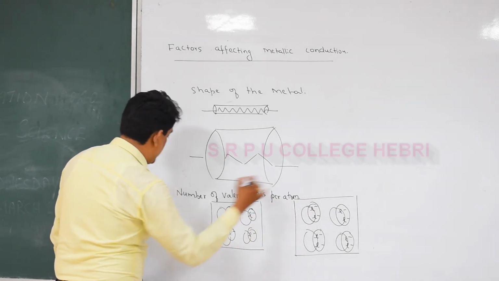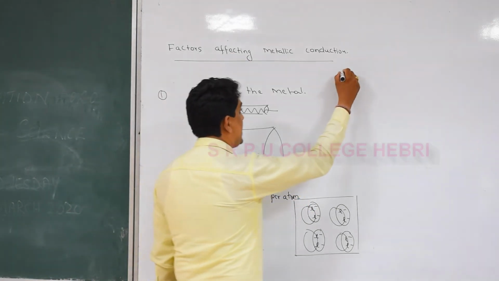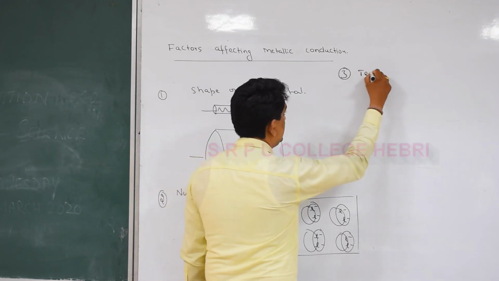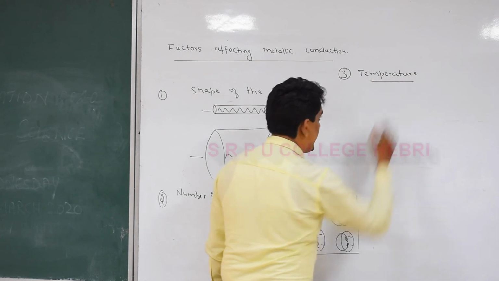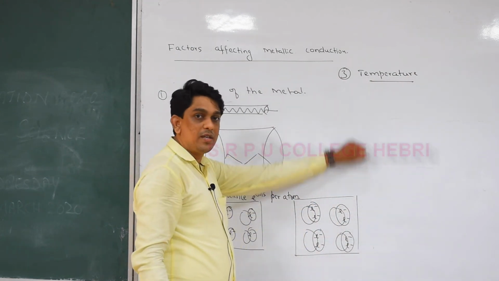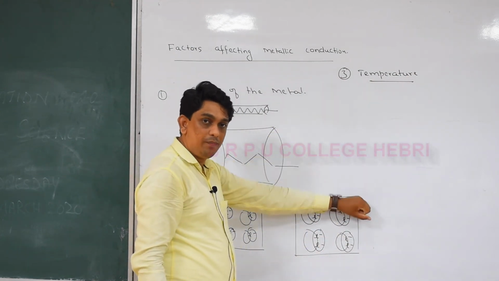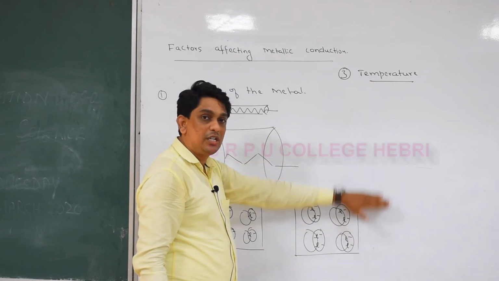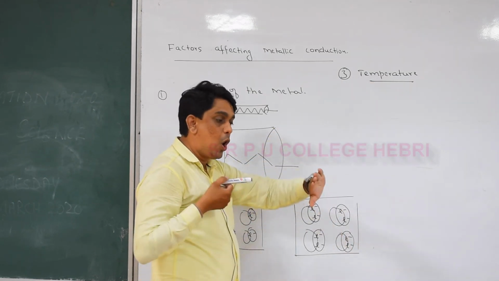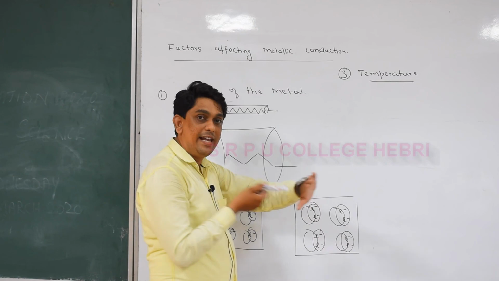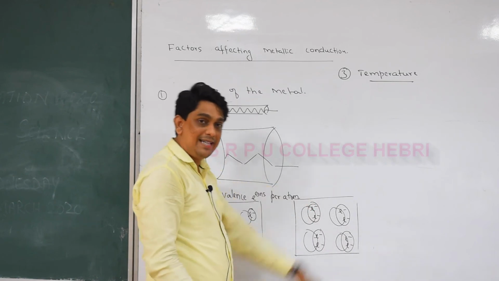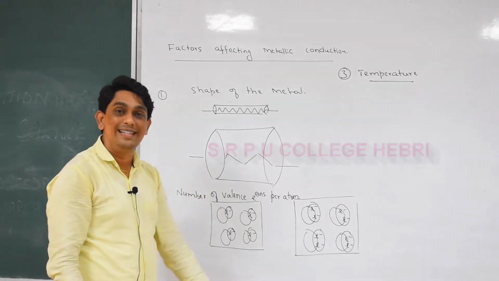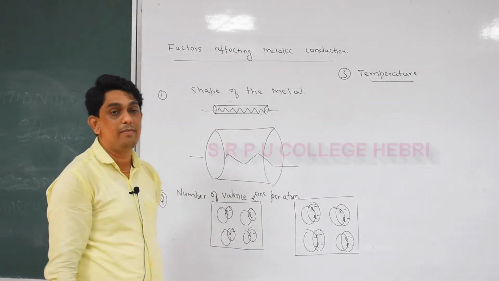The third factor we already discussed, that is temperature. What I said is, when temperature increases, oscillation of positive ions becomes more. When oscillation of positive ions becomes more, obstruction to the flow of electrons becomes more. When electron flow becomes less, electronic conduction becomes less, that is, metallic conduction becomes less.